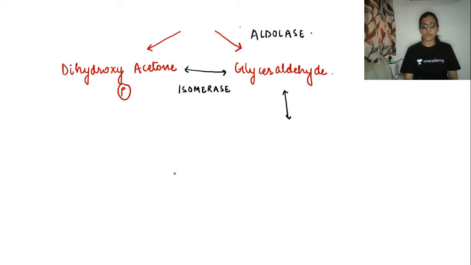Dihydroxyacetone phosphate we have written, and this is glyceraldehyde 3-phosphate. Now, for glyceraldehyde 3-phosphate, there will be generation of energy: NAD will change into NADH, and this NADH is responsible for giving 2.5 ATP to the electron transport chain.